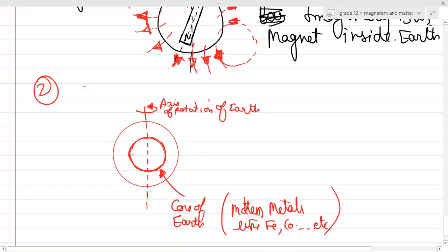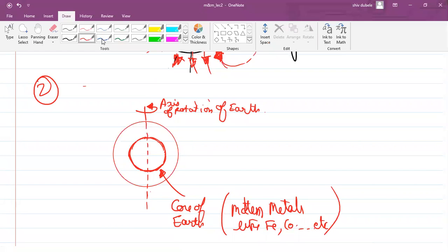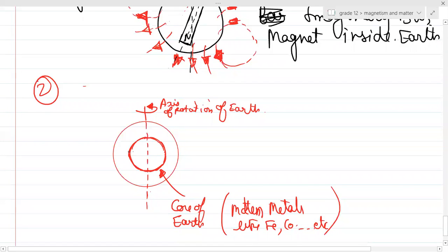But it is found that the rotation of the molten metal inside the Earth is not exactly the same as the axis of rotation of Earth. The molten metal inside the Earth is rotating at a little bit of an angle. If I say that this is a molten metal particle, it is not rotating like this in the direction of Earth. It is rotating at a certain small angle like this.